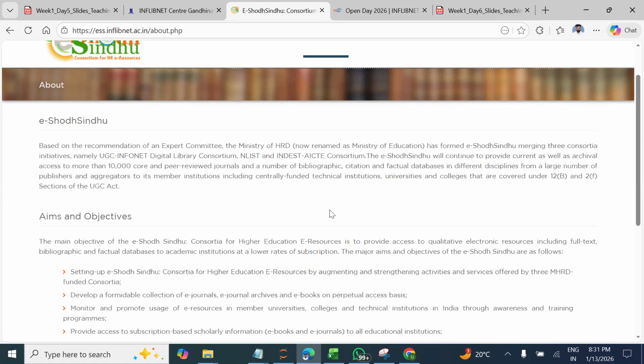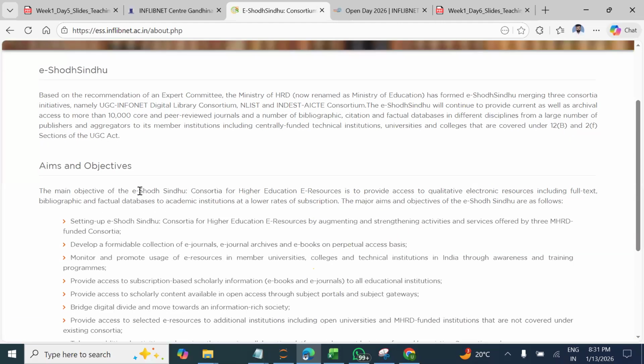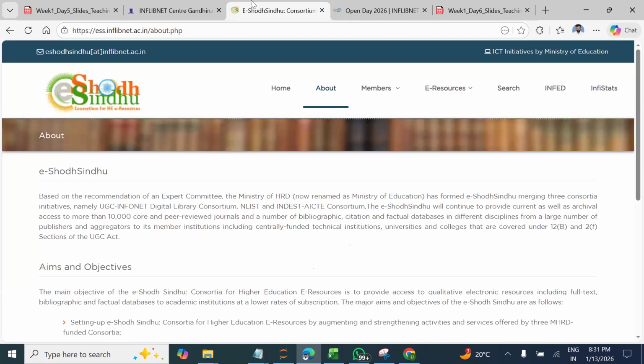So these are the different objectives of e-ShodhSindhu: to bridge the digital divide and move towards an information rich society. If you read all these major initiatives, you will find very useful information and the purpose of establishing this.